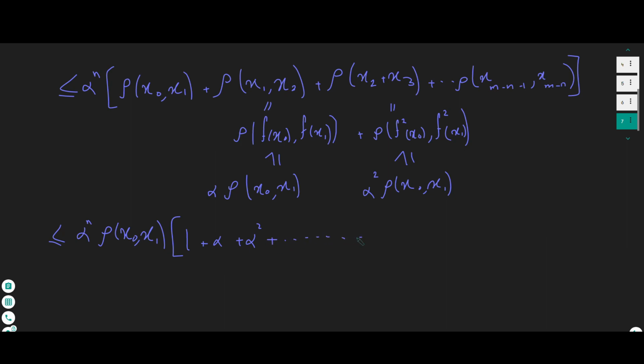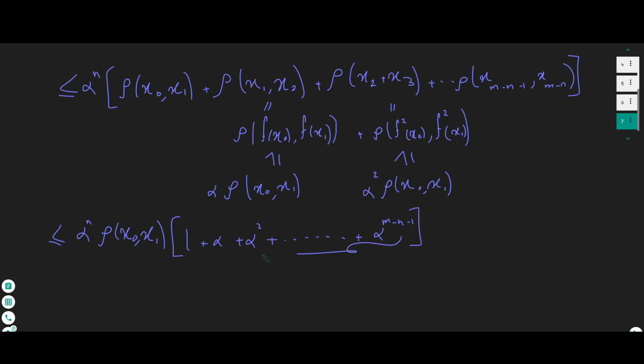And this keeps on going until the last alpha, which will be from this specific term, to the power of m minus n minus 1. In order to get this term from this one over here, we would have to apply the contraction mapping inequality m minus n minus 1 times. So we have that power to apply to alpha.